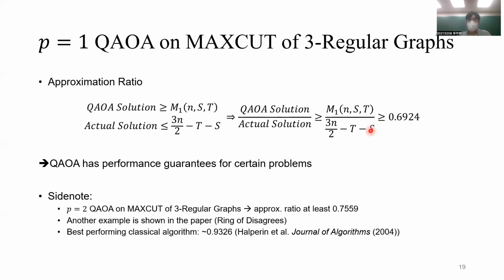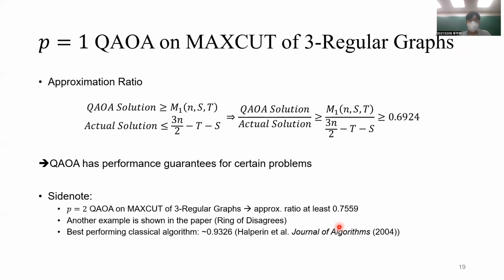And actually, we can find a lower bound of this lower bound, which is 0.6924. So we can see that actually QAOA has a performance guarantee for certain problems. So if we get a QAOA solution using P equals 1 for max cut on 3 regular graphs, which I admittedly is a very specific problem, we actually have a guarantee for the approximation ratio.